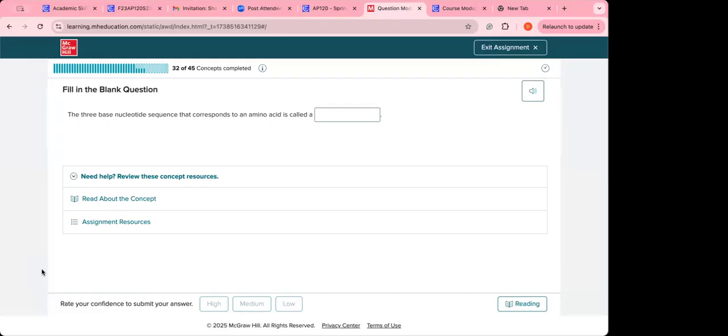Okay, let's see. Nucleotide sequence. Sequence on RNA.